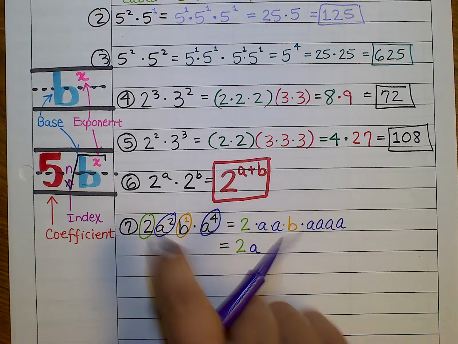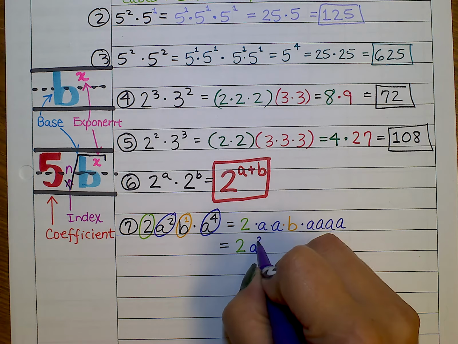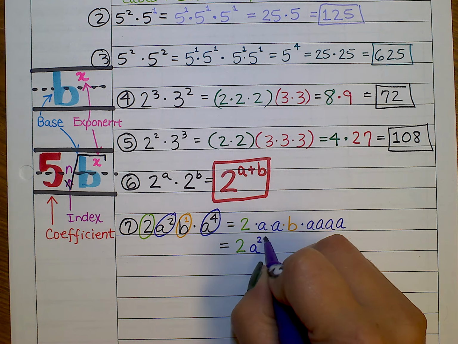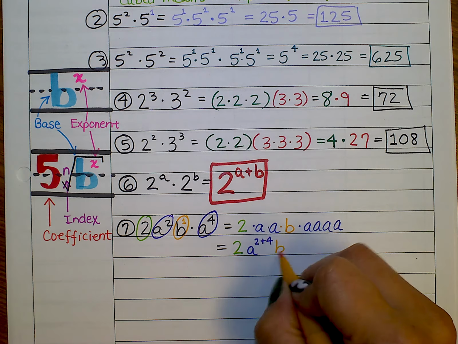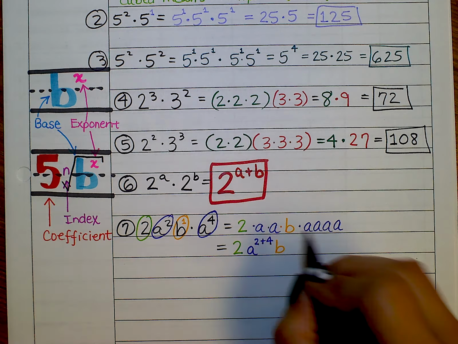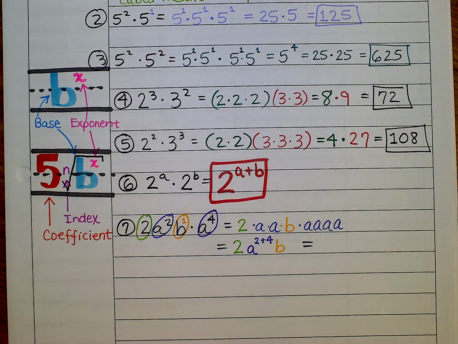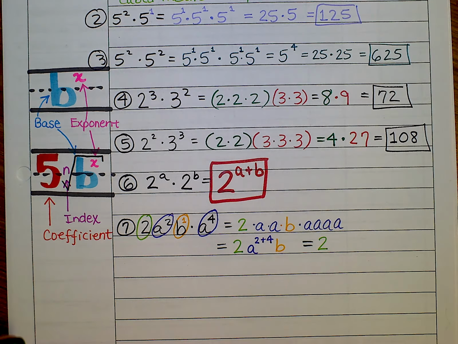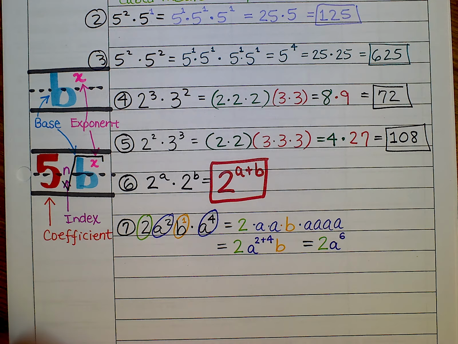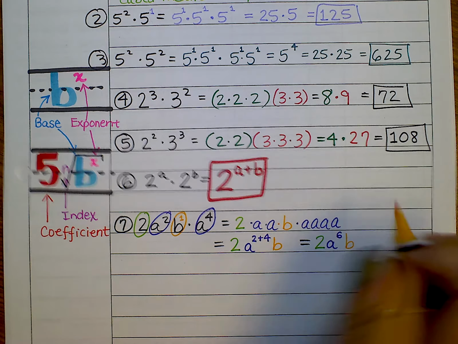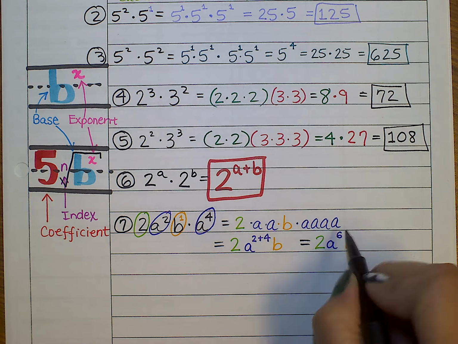And then here I had a to the second plus 4 power. And then, of course, I have my b, giving us a final answer of 2a to the sixth power b. Trying really hard to make sure that that 6 doesn't look like a b.